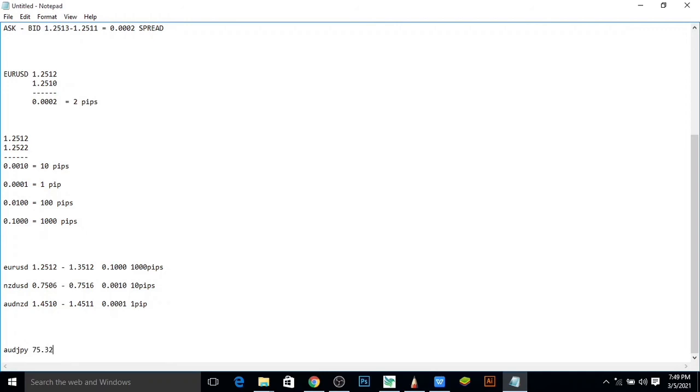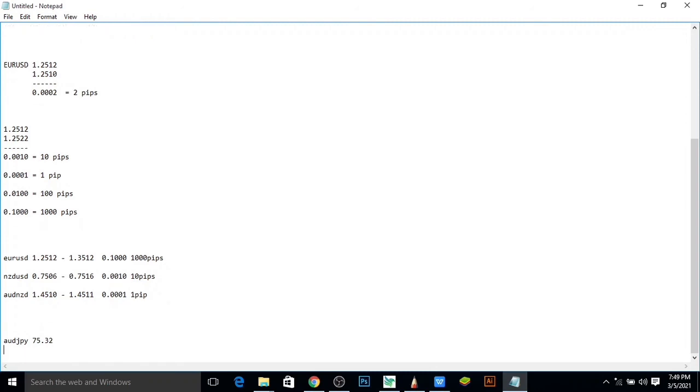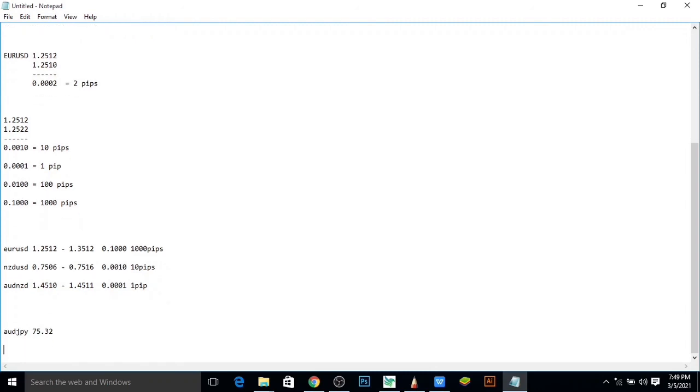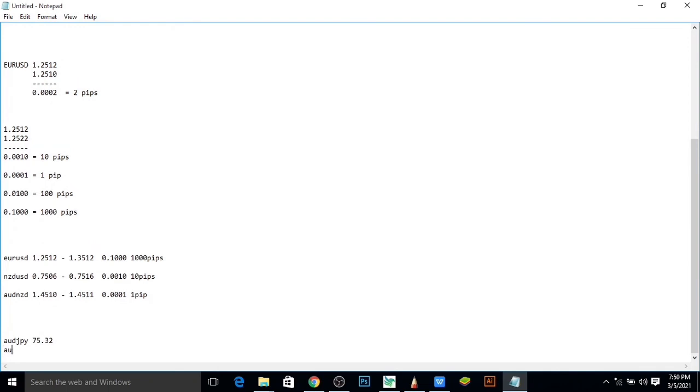This is how you usually see the price of yen pairs. It will have just 2 decimal places, right? Now let's say it's 75.32 at the moment, and the price now goes up to 75.33, right? It is still the same concept.